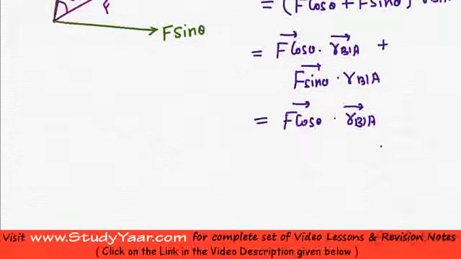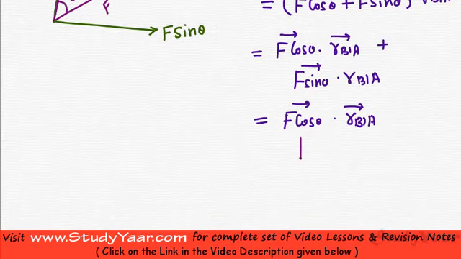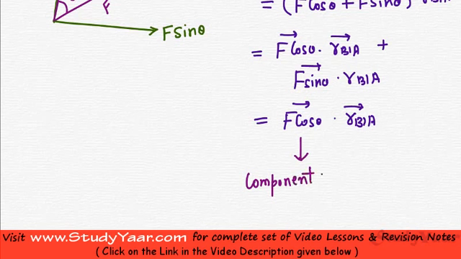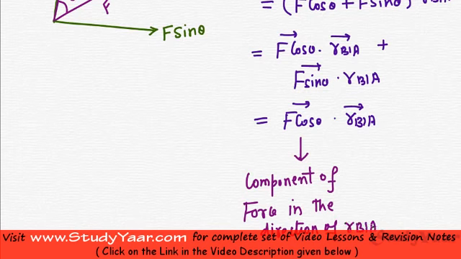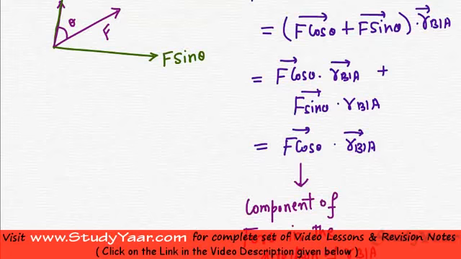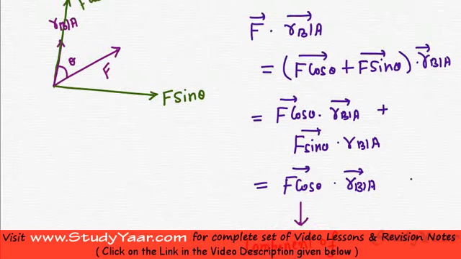So I'm just going to write over here, your work done is the component of force in the direction of displacement, or in the direction of rb by a. So if you know the component of force in the direction of rb by a, you could simply multiply it with the modulus of your relative displacement vector and you will get the work done, because your cos angle over here is 0.